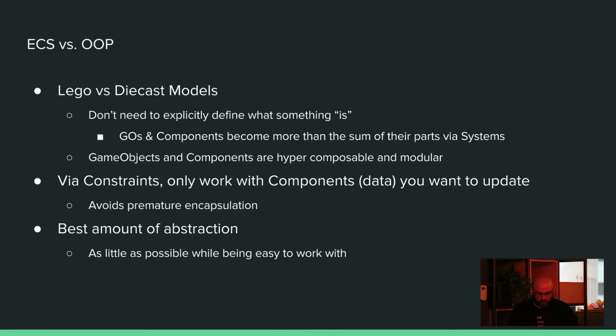Okay, ECS versus OOP. It's basically comparing Lego toys versus die-cast models. So let's say you make a car out of Lego versus you've got a Hot Wheels toy or a model off the shelf. There's no question that that Hot Wheels toy is a car because it came out of the factory that way and it looks like a car, it's one solid piece, no one would debate that.